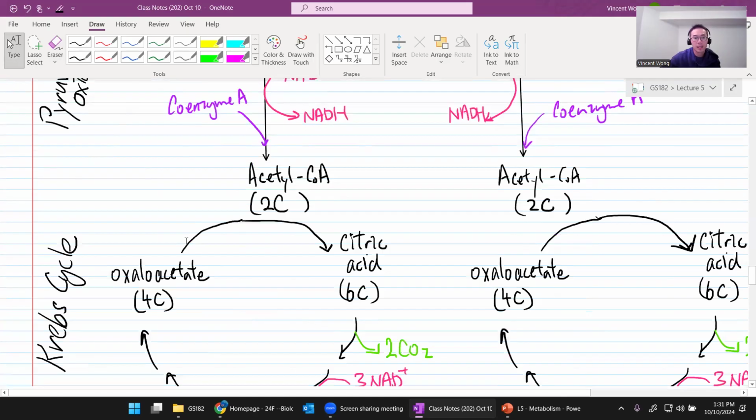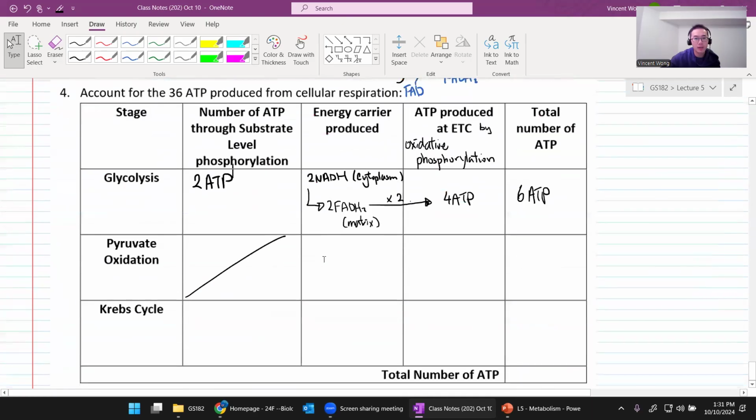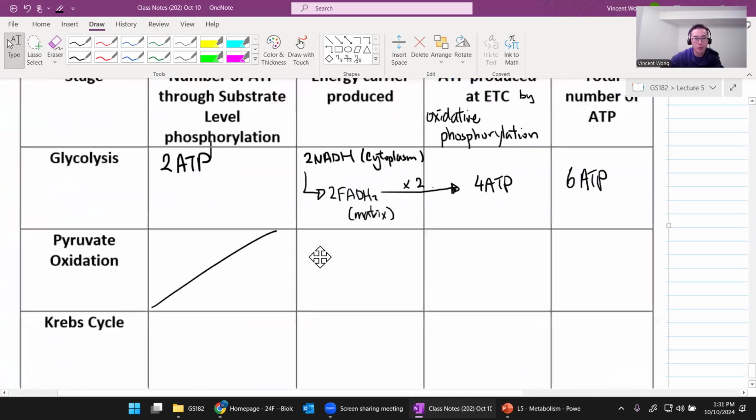Okay. What about energy carriers? How many energy carriers do we produce in stage number 2? This is stage 1, this is stage 2. Again, just look at the chart, look at the table. How many NADH do we produce? Is it 3? And where do you get the number 3?